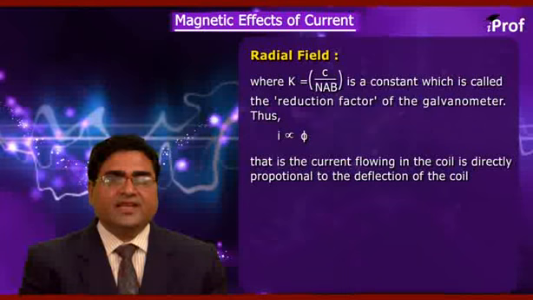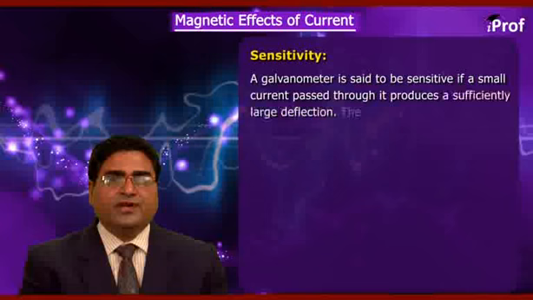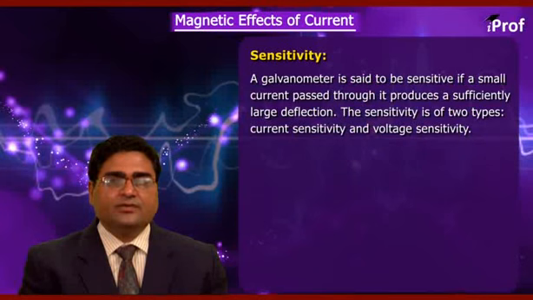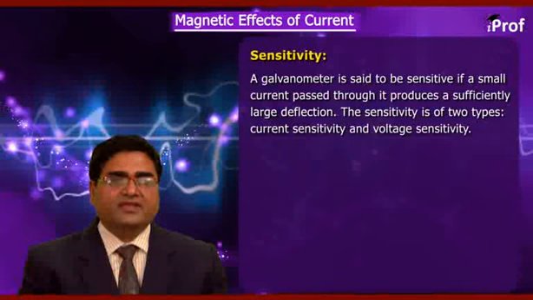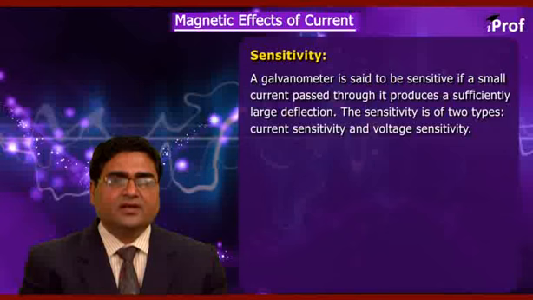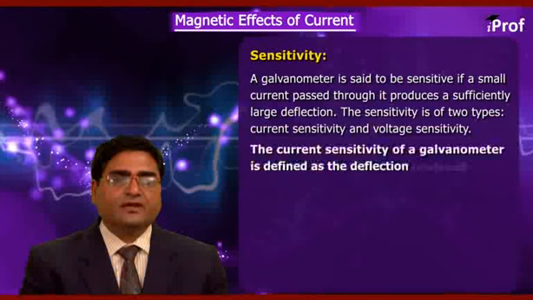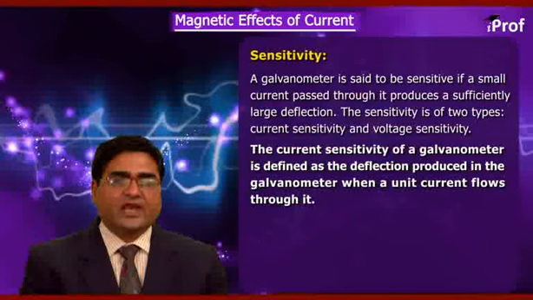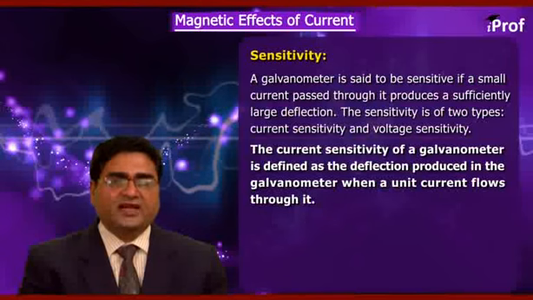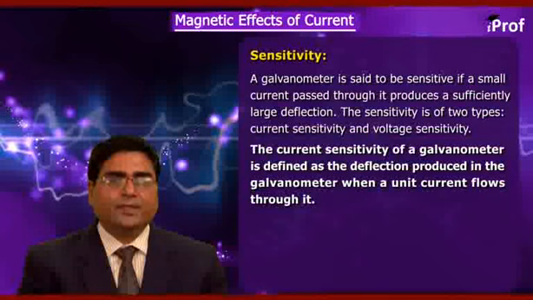Now let's see sensitivity. A galvanometer is said to be sensitive if a small current passed through it produces a sufficiently large deflection. The sensitivity is of two types: current sensitivity and voltage sensitivity. The current sensitivity of a galvanometer is defined as the deflection produced in the galvanometer when a unit current flows through it.